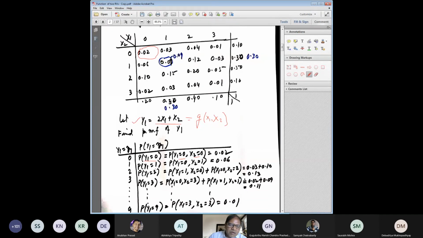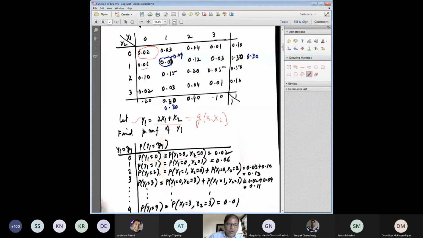Now y1 equal to 1: y1 will be 1 when x1 is 0 and x2 is 1. So x1 0, x2 1 is 0.06.